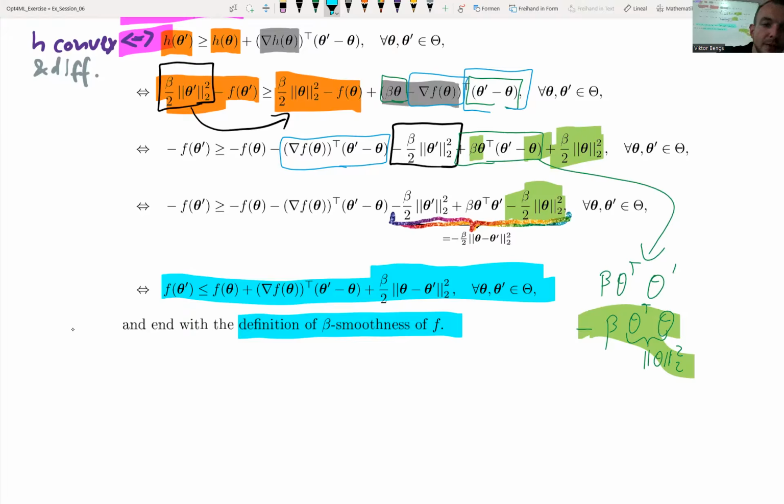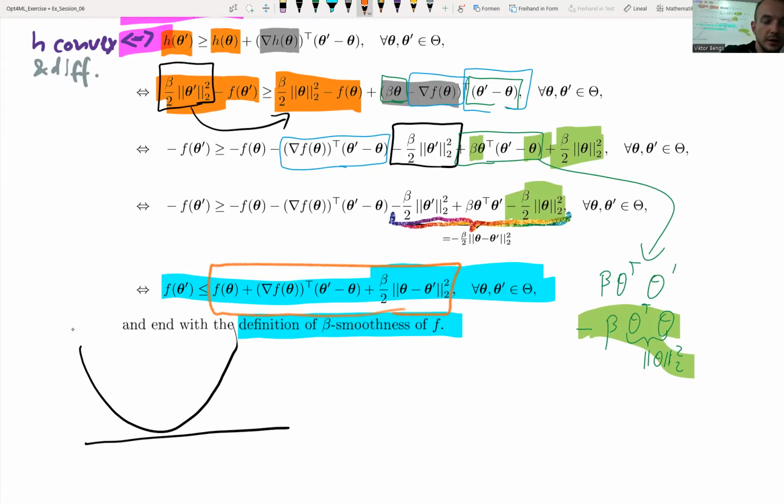So let's have a look. F is globally overestimated somehow. This is how you can always memorize this. It's always overestimated at any point by this quadratic term here, with the right beta coefficient for the squaring term.